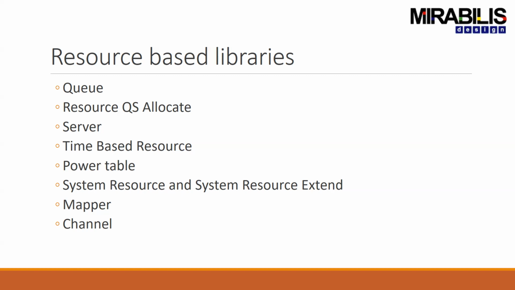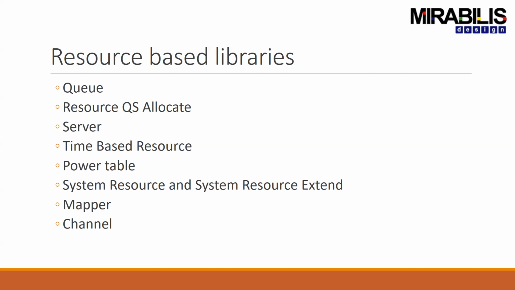System resource is for when there are multiple sources that are going to use this resource. Like we have 10 devices that are going to give signals to this, and it has to process one after another. So this system resource can be called by a mapper. The mapper will send the signals to the system resource, and it will process it. Once it is completed, it will process the next one that is waiting in the queue.